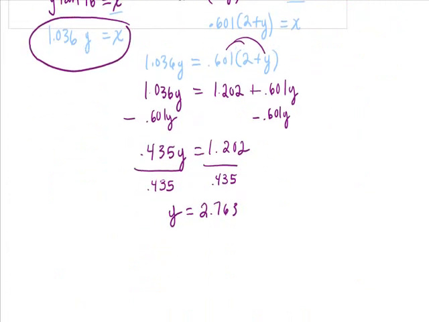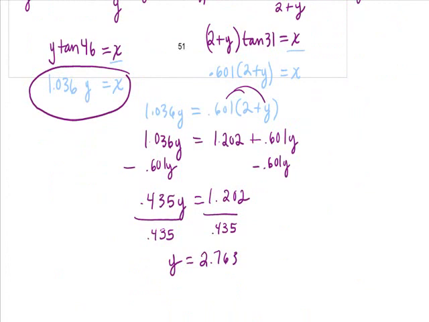So I'm going to take my y value of 2.763 and plug that in. 2.763 times 1.036, and we get about 2.863. Good. And that's going to be miles.